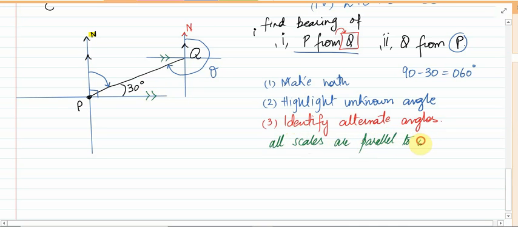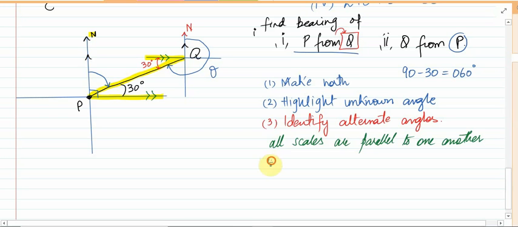So what you need to do now is find the alternate angle. Now I am going to highlight the Z. Right, that is my Z. Z indicates that if this angle is 30, then this angle will always be 30. That is the property of alternate angles.